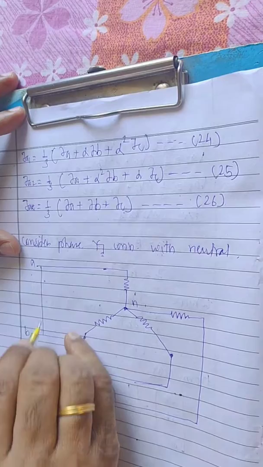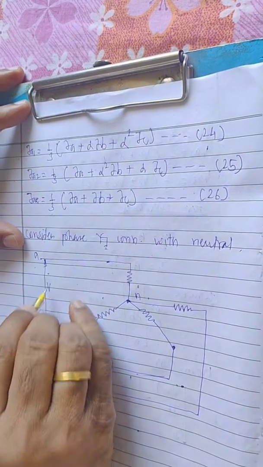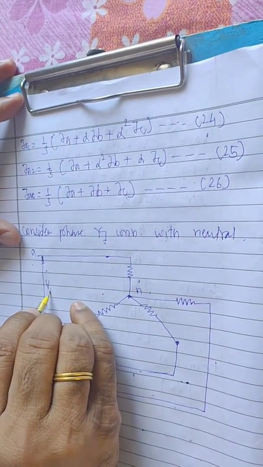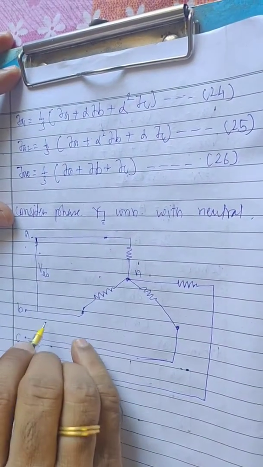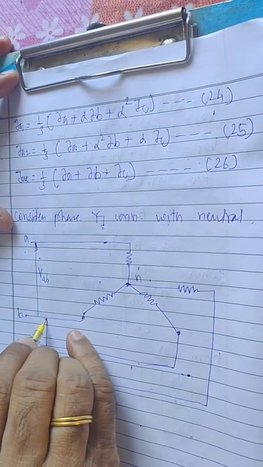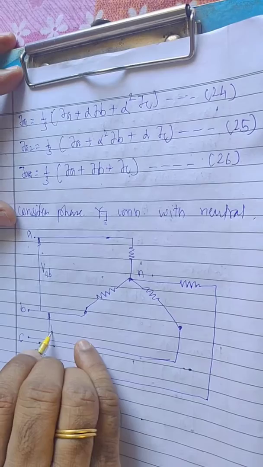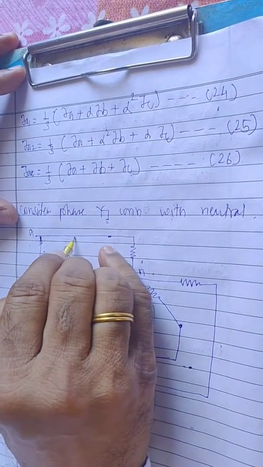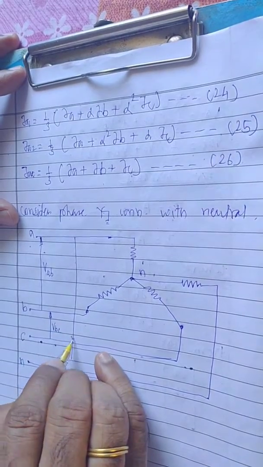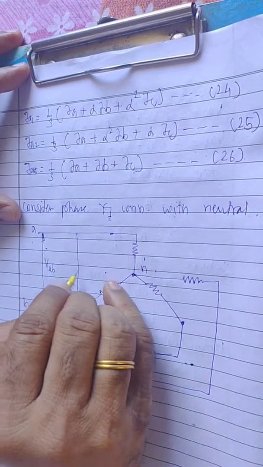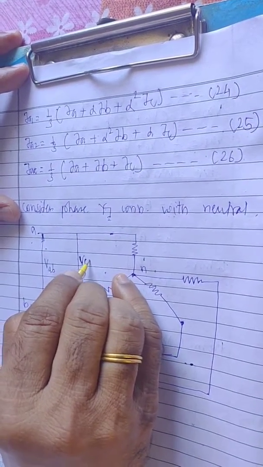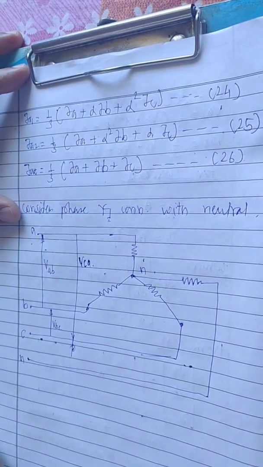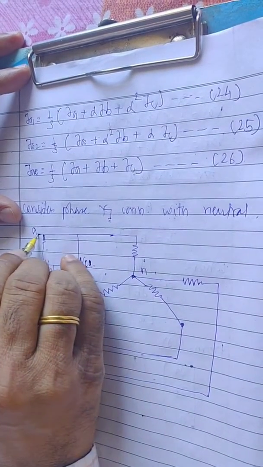This is line voltage VAB, this is line voltage VBC, and this is line voltage VCA. These are the line voltages.